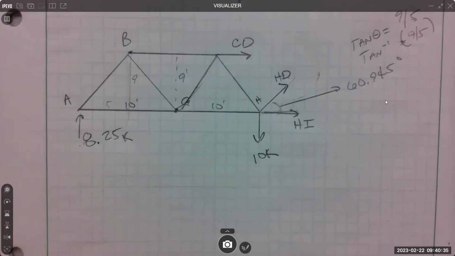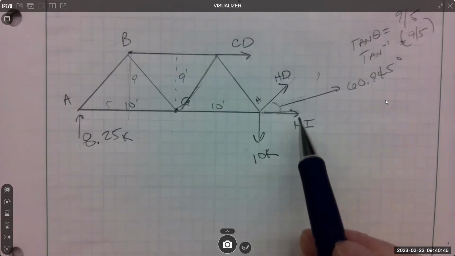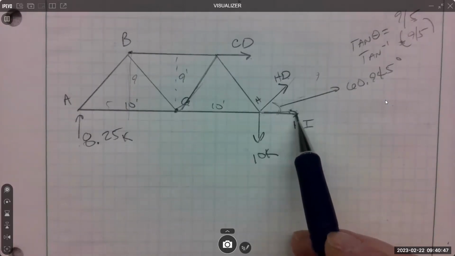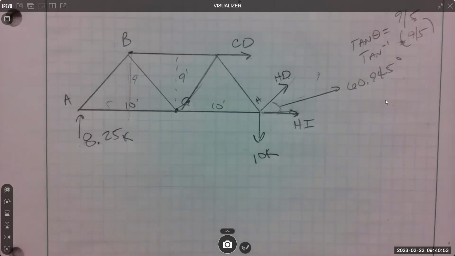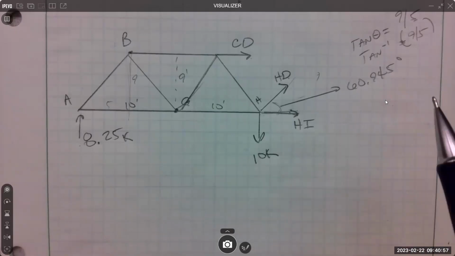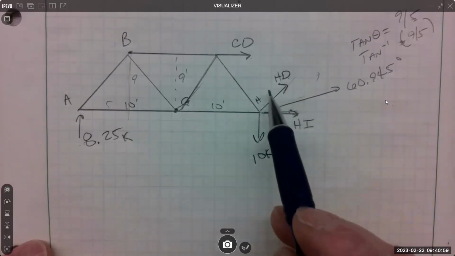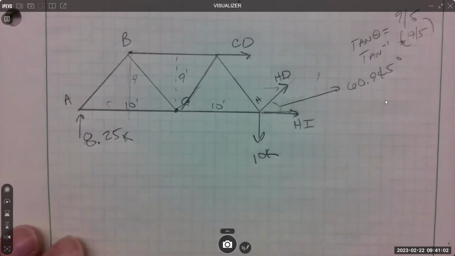All right, let's just talk through all the forces in the X. What are they? HI is all in the X. What else? The component of HD is in the X, correct.